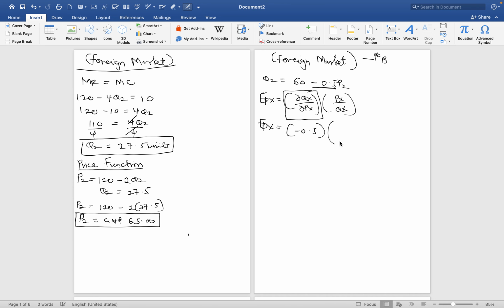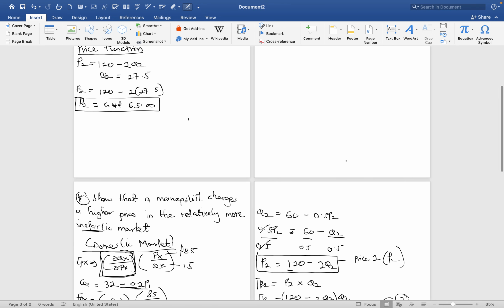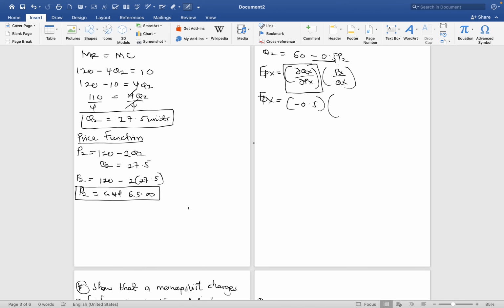0.5 times. So what was the price and quantity for Q2? Q2 was 27.5, P2 was 65. So P was 65 and Q was 27.5. So price divided by quantity is 65 divided by 27.5.